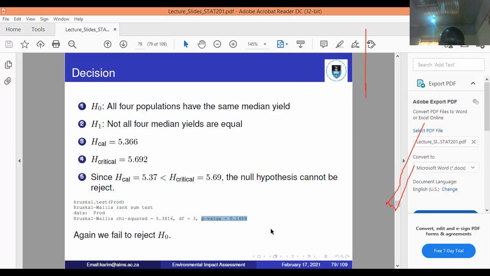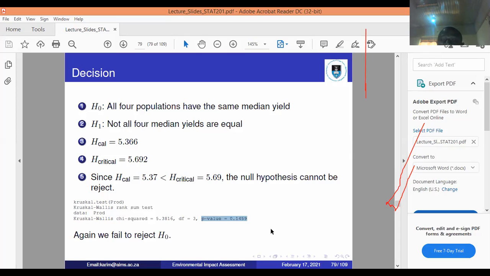It's greater than 0.05. And if it is greater than 0.05, what do you do to the H0? You reject it. Is that what you've learned? Is that what you have learned?